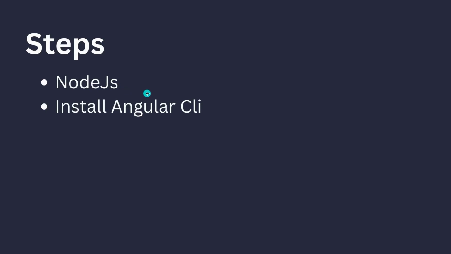Let's go to our next step, which is installing Angular CLI. Angular CLI is a command line interface provided by Angular. We can write commands to create our new projects, run a web server, and create modules, components, services, and so on. Let's try installing Angular CLI.